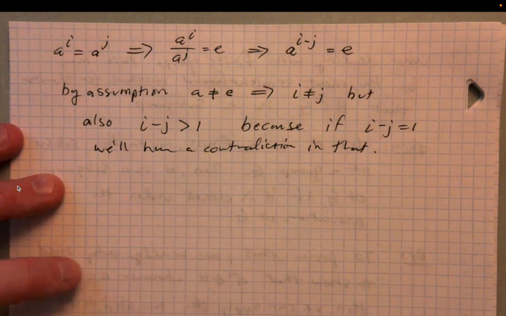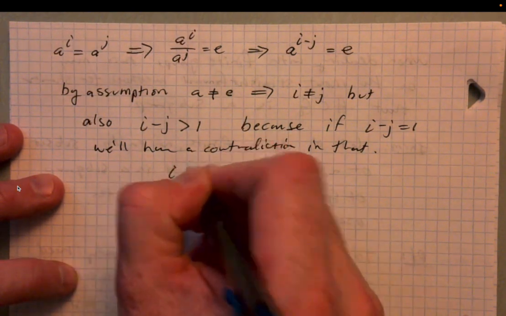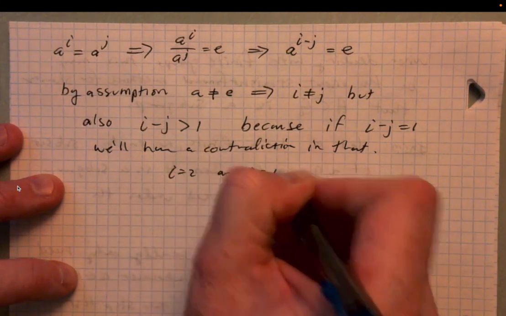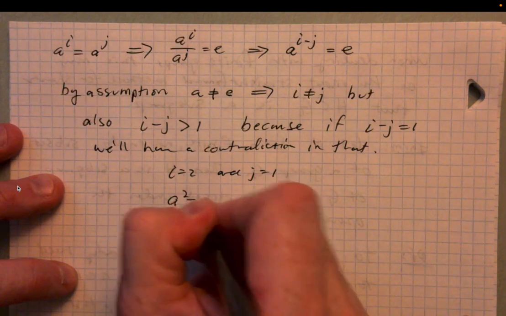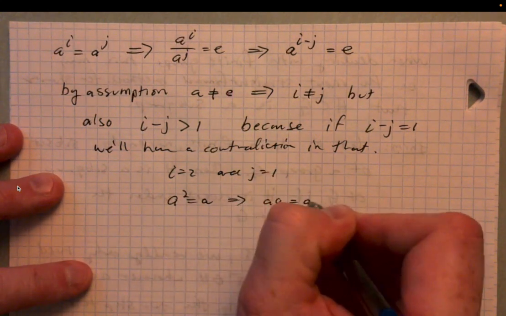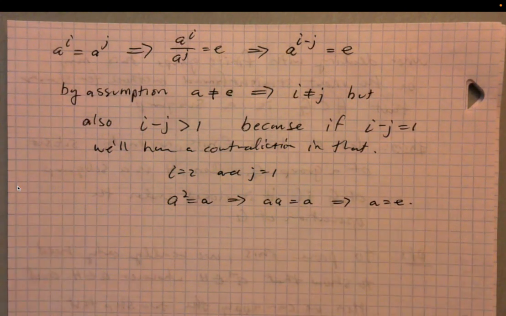Let's do a specific example, but all examples would follow. If I let i equal 2 and j equal 1, then that means that a squared is equal to a, which means that a times a is equal to a, right? Which implies that a is e.